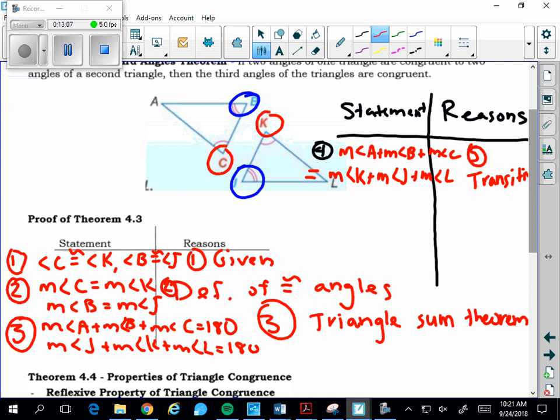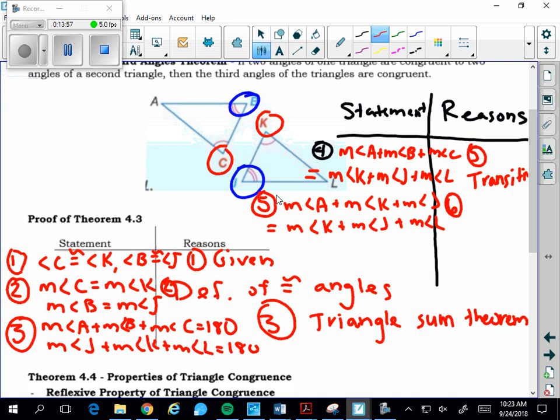Okay, we're almost there. Number 5. For step 5, this starts to get a little bit crazy. I'm going to say now the measure of angle A plus the measure of angle K plus the measure of angle J equals the measure of angle K plus the measure of angle J plus the measure of angle L. My reason for that is substitution.